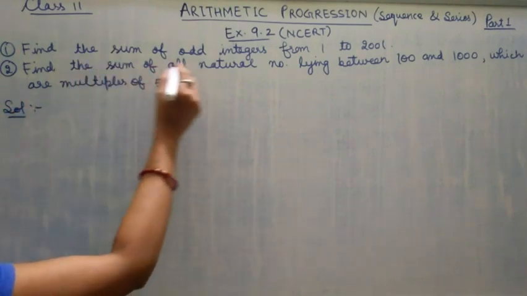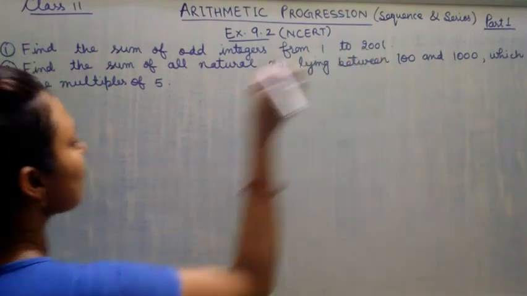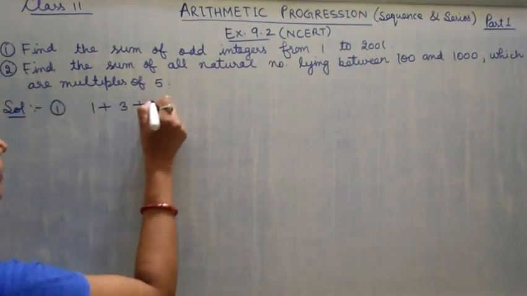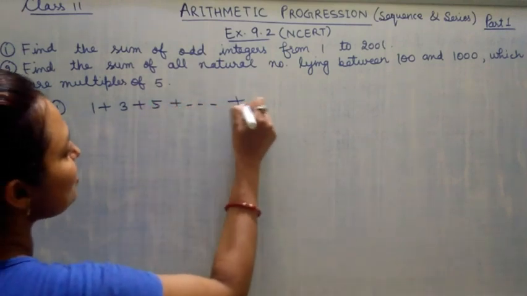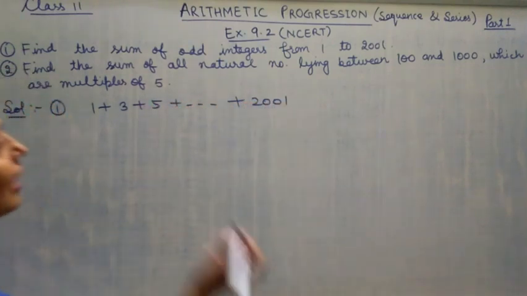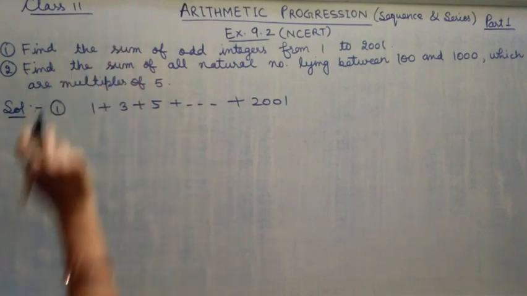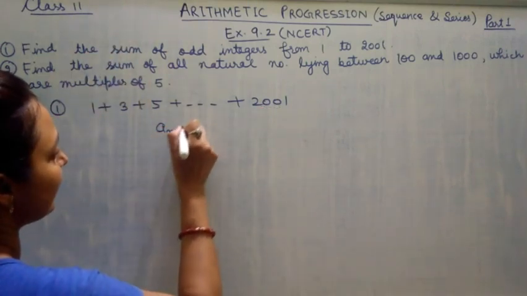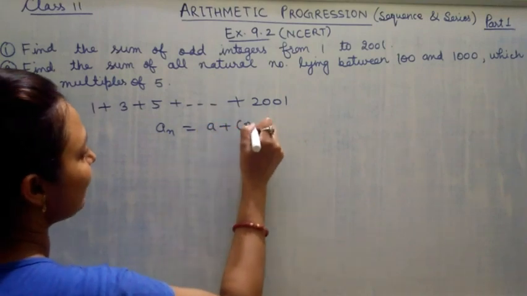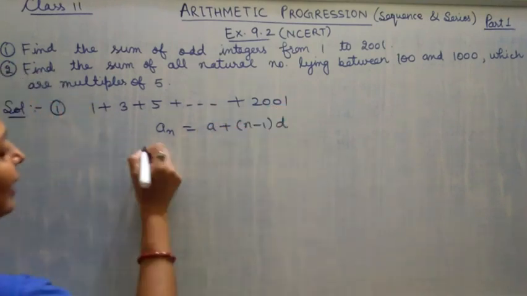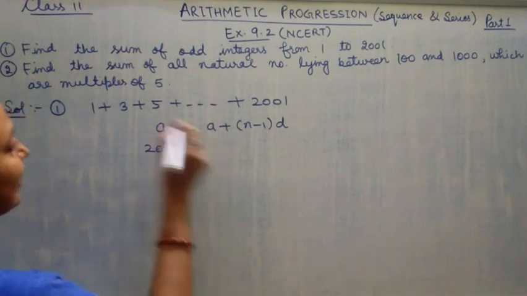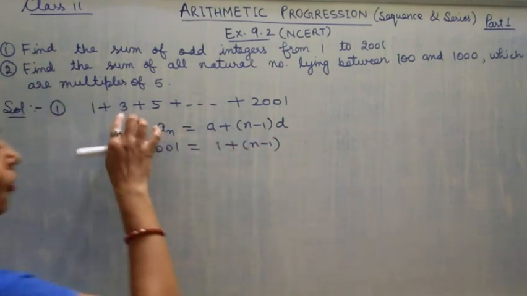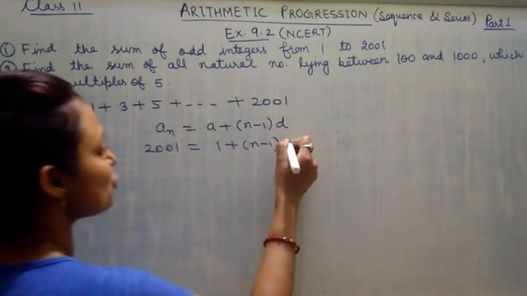Simple question: find the sum of odd integers from 1 to 2001. So I will take all the odd integers, 1 plus 3 plus 5 plus and so on plus 2001. First of all, for finding the sum, I want n. So I will find n by using an, that is a plus n minus 1 into d. An is 2001 and a is the first term, that is 1, plus n minus 1, and d is the common difference, 3 minus 1, that is 2.